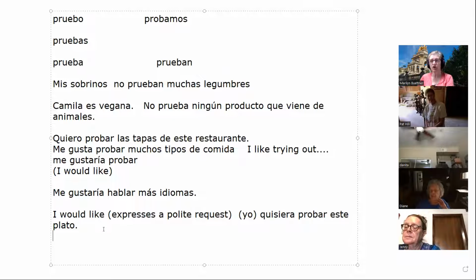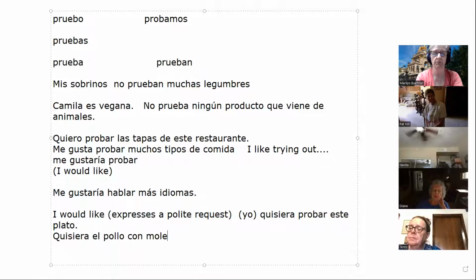I would like chicken with mole. All right. You want that particular dish. If you're asking a waiter for that, it's quisiera el pollo con mole. Because you're asking somebody to bring that to you, right?